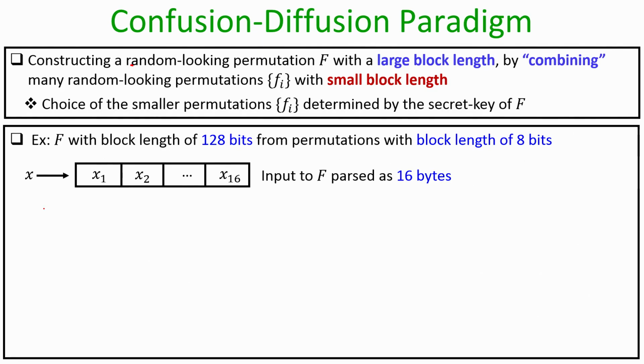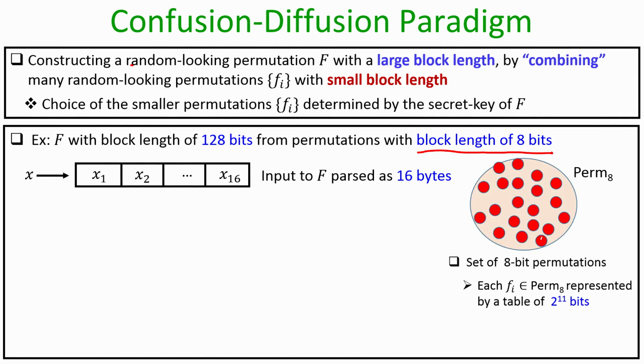We parse the input x for the function F as a sequence of 16 bytes, which I denote as x1, x2, up to x16. The reason I am splitting it into bytes is that we have at our disposal several permutations mapping 8 bits to 8 bits, so the input x for the keyed permutation big F is divided into bytes.